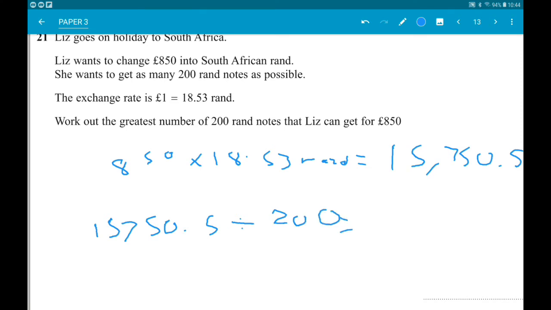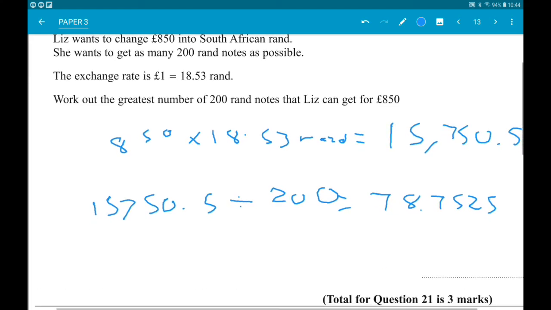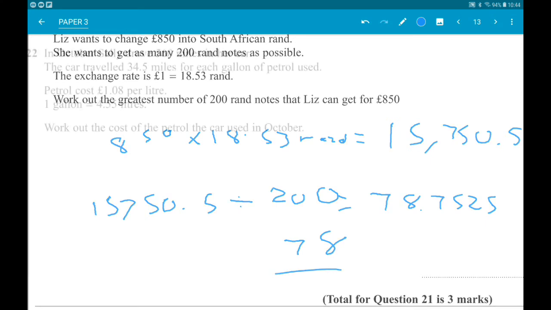Now that gives us 78.7525. So, we're only interested in the whole number, so she can have 78 200 Rand notes.